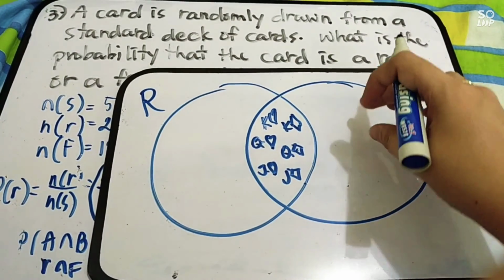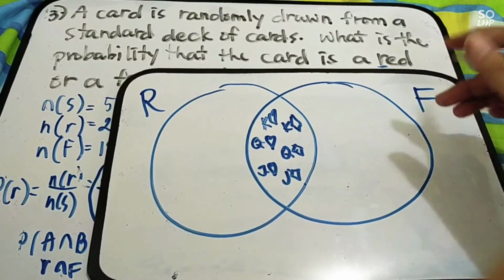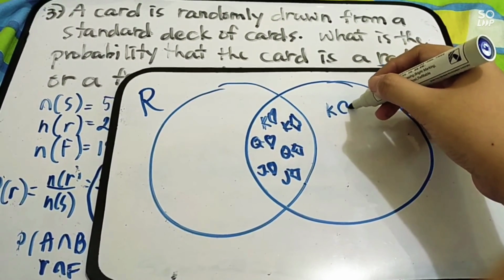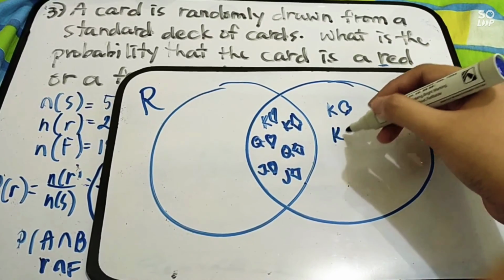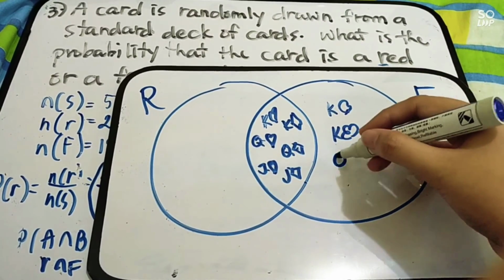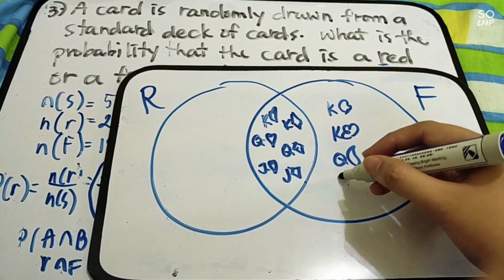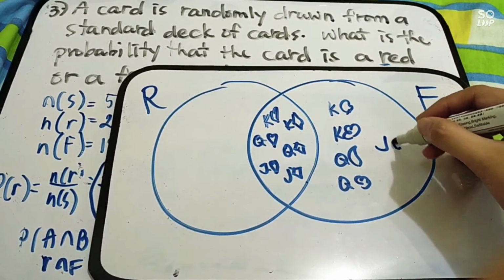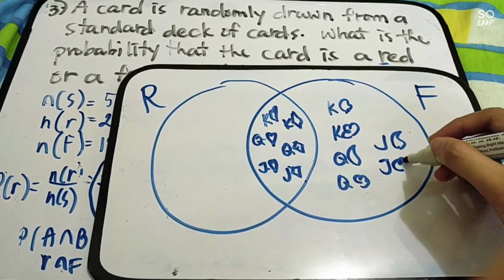Okay? Then, yung dito sa faces naman dito, ang natira dyan, we have the King of Spades, King of Clubs, then Queen of Spades, then Queen of Clubs, then Jack of Spades, then Jack of Clubs.